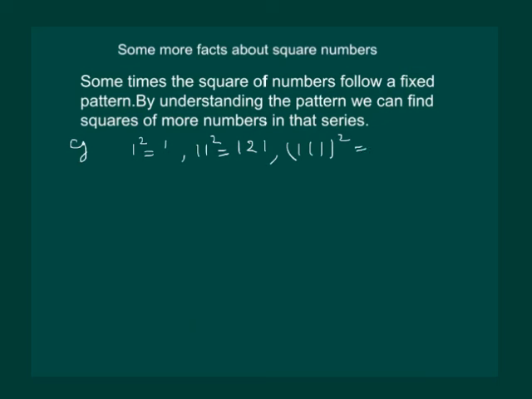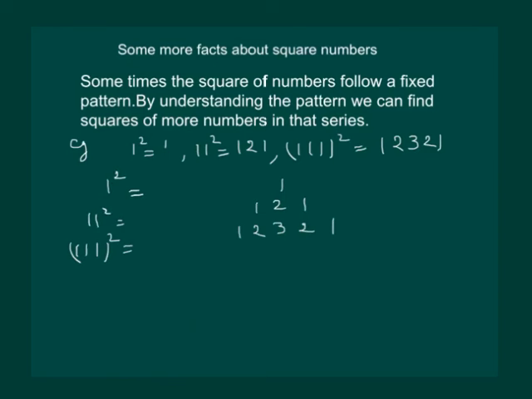It will come out to be 12321. Let us write it differently. We have 1 square equal to 1. We have 11 square equal to 121. We have 111 square equal to 12321.